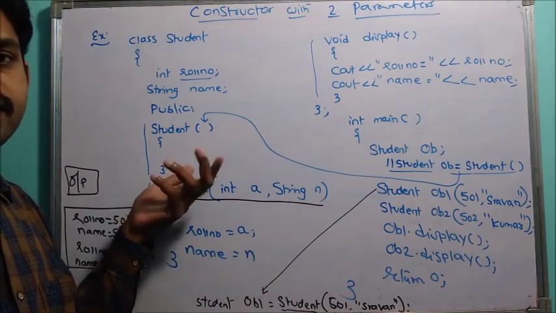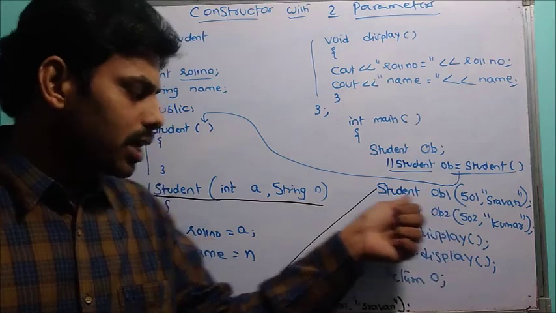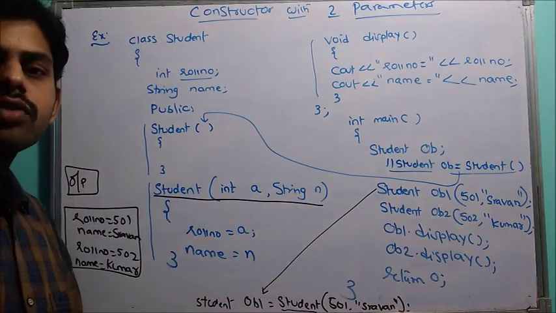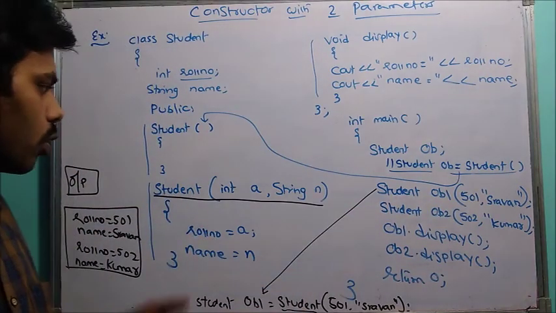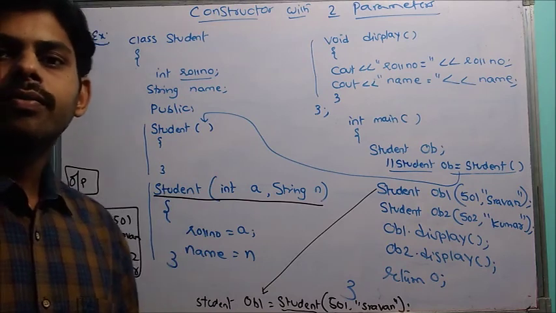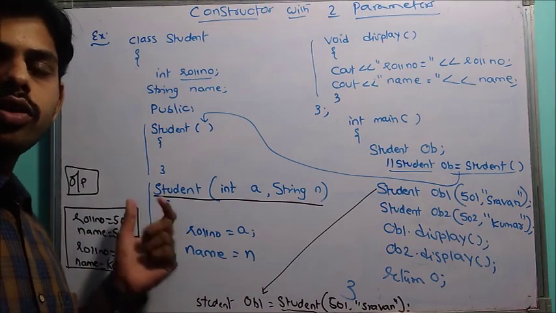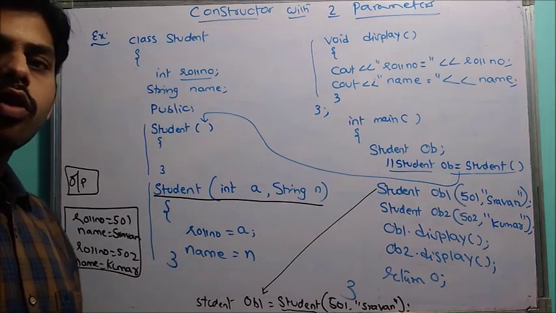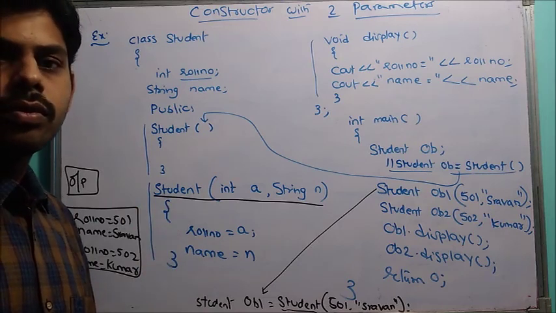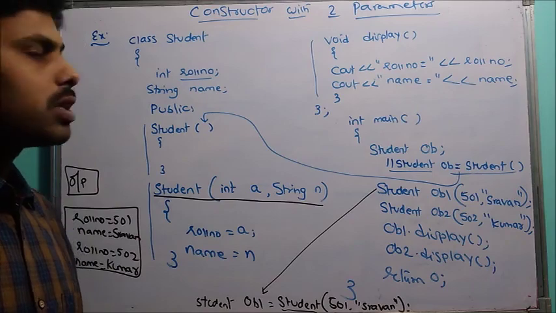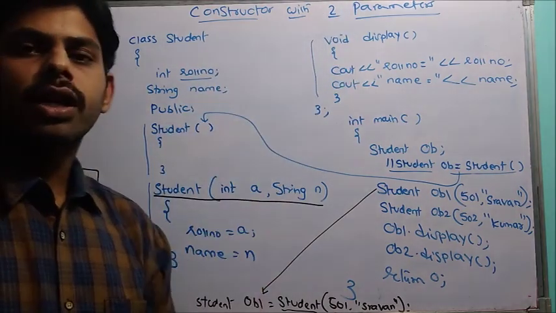The constructor with no parameters is executed. If you execute this statement, the constructor with two parameters is executed, that is overloading. So overloading constructors is also possible. It is also possible to write multiple constructors in your program. You can overload your constructors also. That is a concept related to constructor with two parameters.